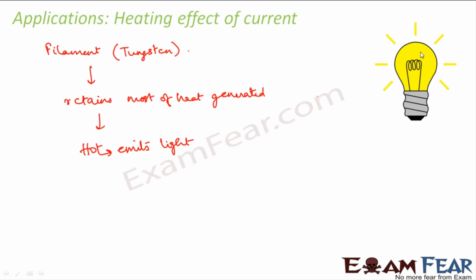Now this tungsten filament is thermally isolated so that so much heat doesn't damage the other parts of the bulb. Most of the power consumed by the filament is given as heat, and a very small portion of it is given as light. So in a bulb, electrical energy gets converted into heat energy and light energy.